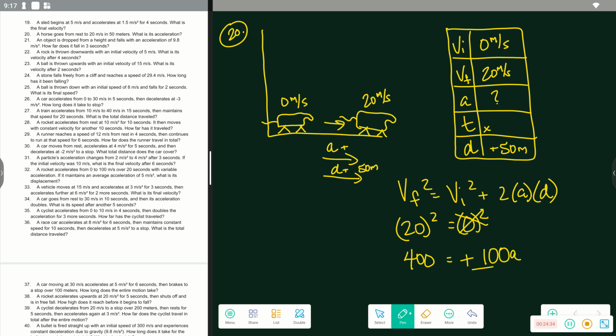Divide both sides by 100, and your acceleration is 4 meters per second squared. So that's number 20.